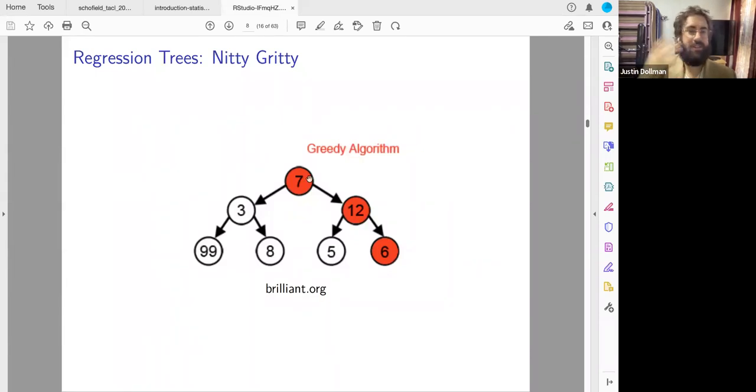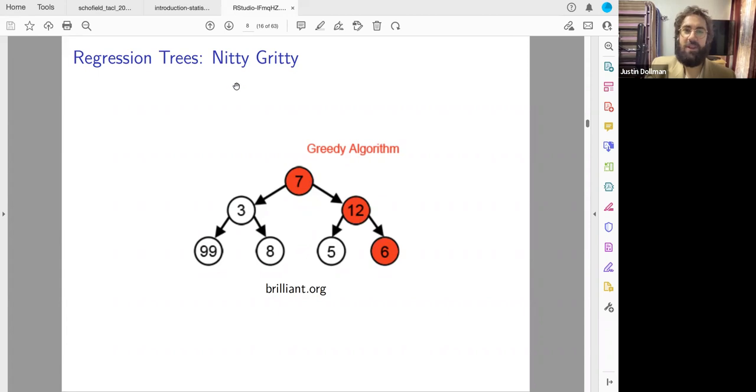So it starts at 7 because it has to. It looks at 3 and 12 and looks at which one is bigger, and chooses 12. And then here it looks at 5 and 6 and chooses 6 because 6 is bigger, right? So at every step, it's finding the largest number because, again, it wants to sum to the largest number. So that's what it does.